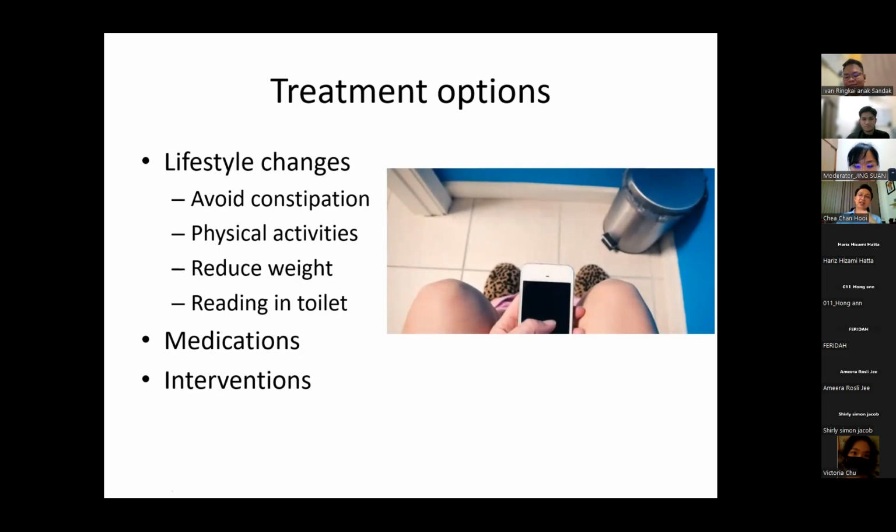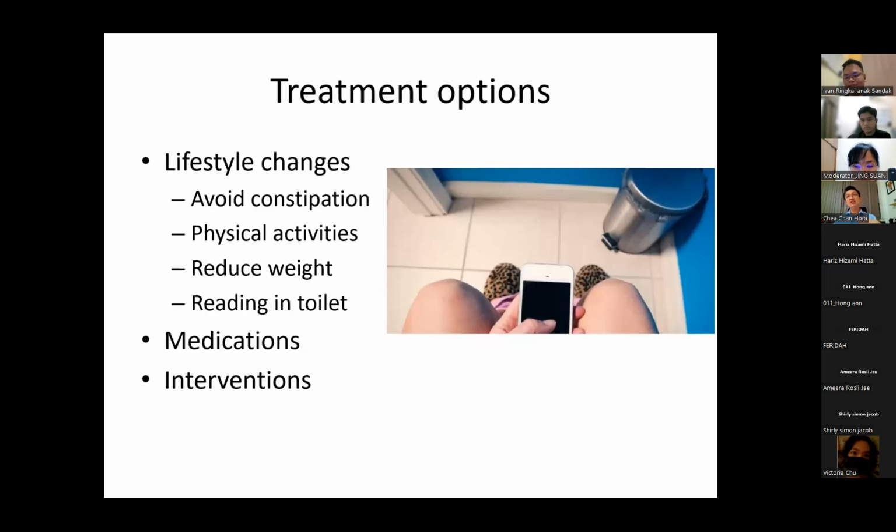So there have been studies that show that the incidence of hemorrhoidal disease increases when the patient spends a longer time sitting in the toilet. It is recommended that anybody do not spend more than 5 minutes doing their business in the toilet.